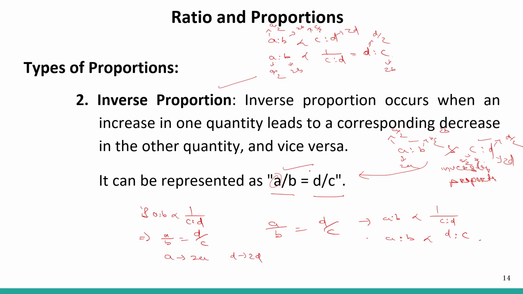But in inverse proportion, if A is to B is inversely proportional to C is to D, and A increases at 2x speed, then D increases at 2x speed. The first quantity gets influenced by the second quantity of the next ratio, and the second quantity of the first ratio gets influenced by the first quantity of the second ratio.